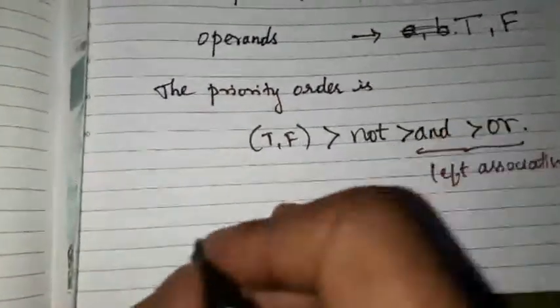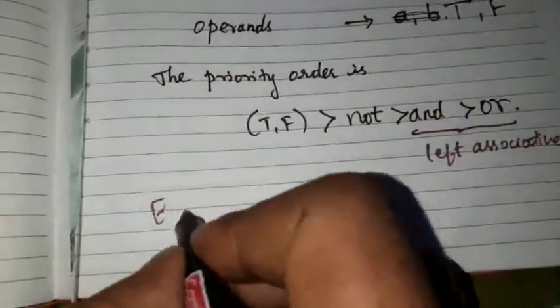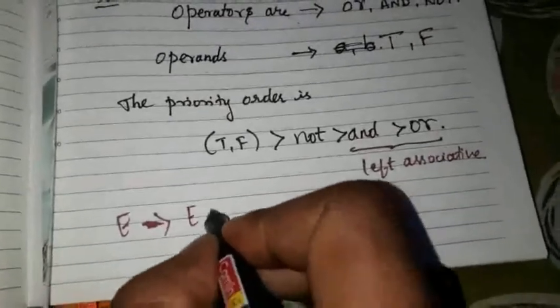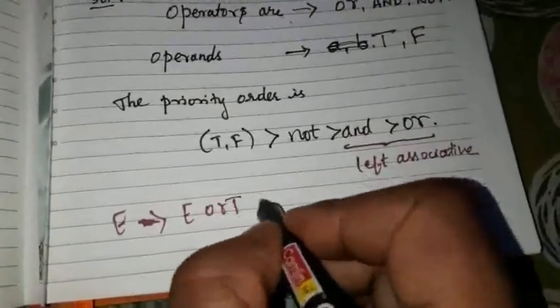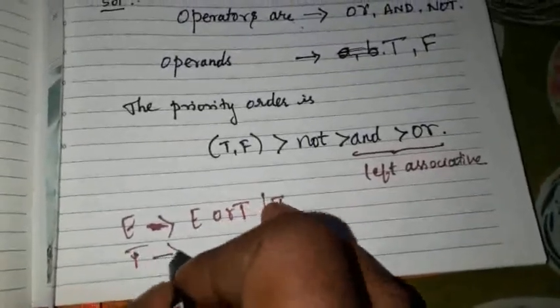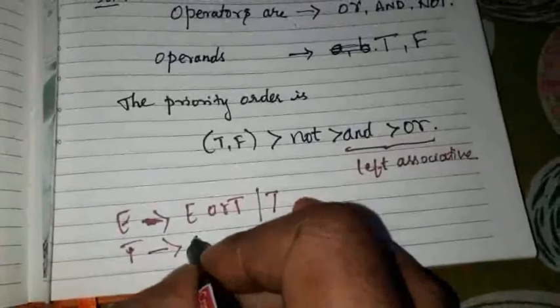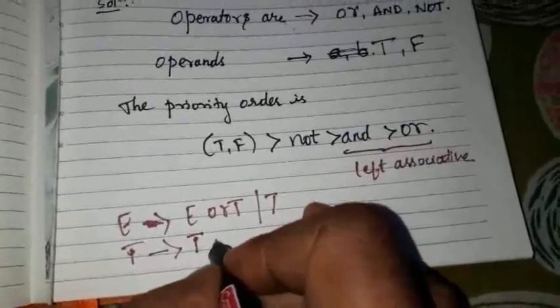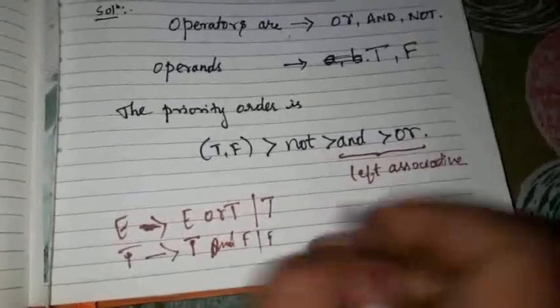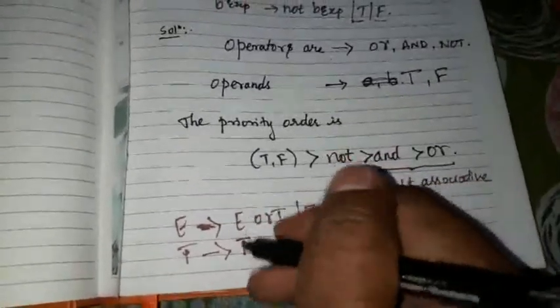So the grammar looks like this: E tends to E or T bar T, T tends to T and F bar F, something like this. Both are left associative.